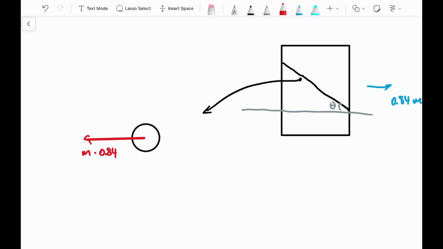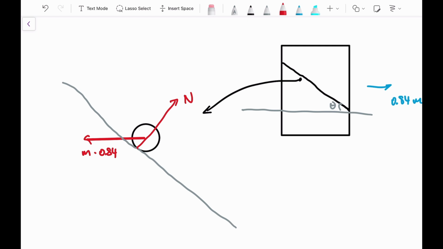And apart from that, because it's a sloping surface, we can basically assume that this particle is on an inclined plane. So there's also a normal force, going this way.